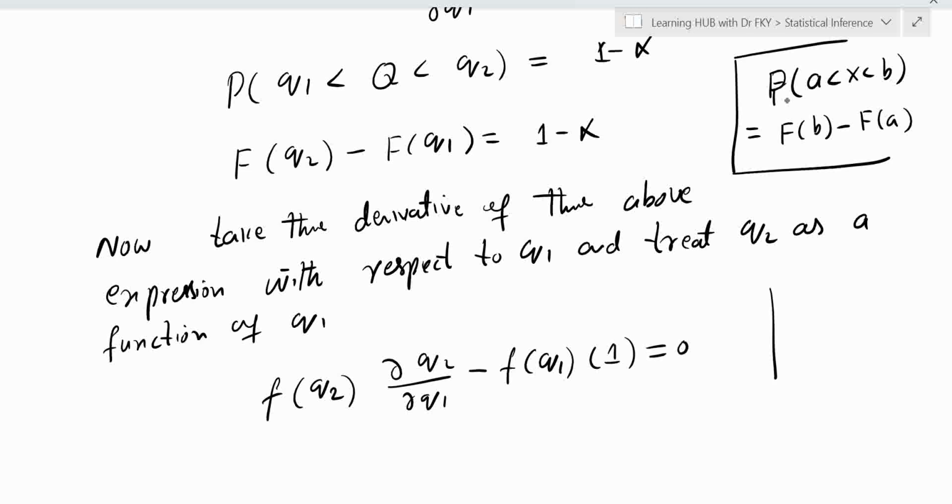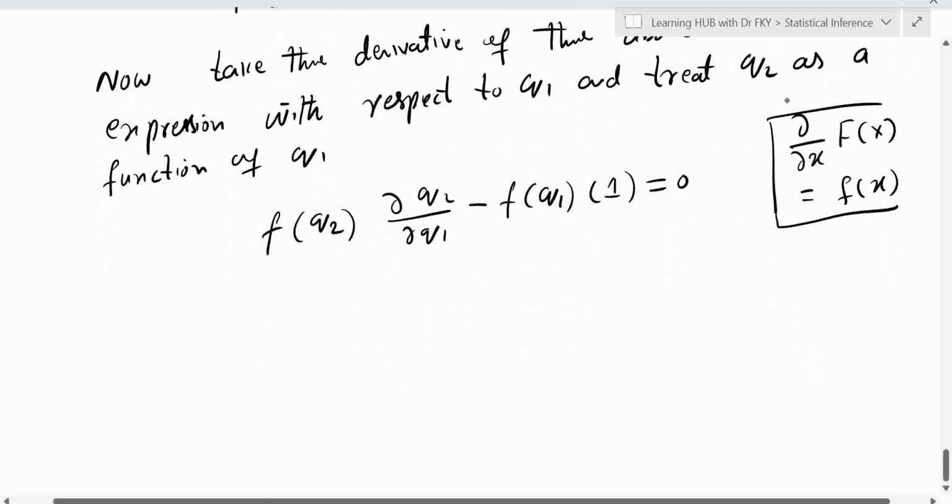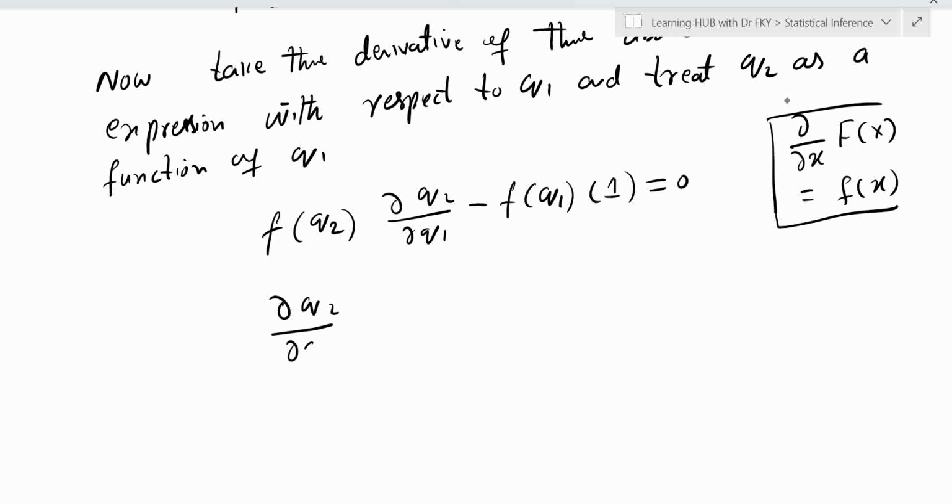Remember that derivative with respect to x of F of x is equal to the density function of x. So now you can do like this: f of Q2 times the derivative of Q2 with respect to Q1 is equal to f of Q1.